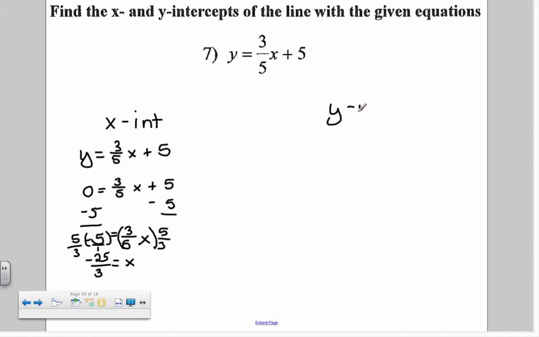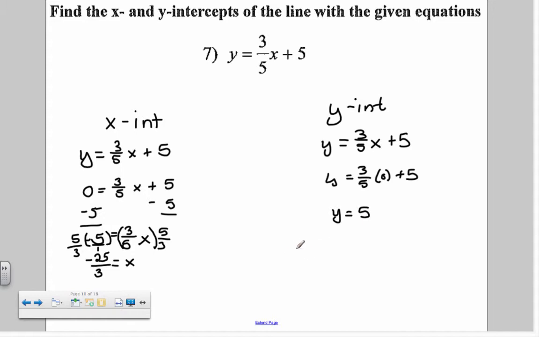My y-intercept, I can do the same. Y equals 3/5 x plus 5. And I'm going to plug in now 0 for x. So y equals 3/5 times 0 plus 5. Well, 3/5 times 0 is just 0, so y equals 5.